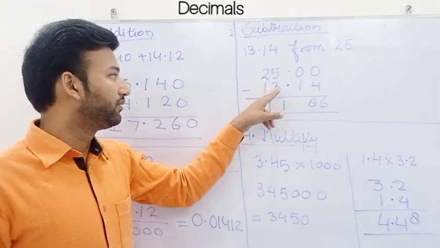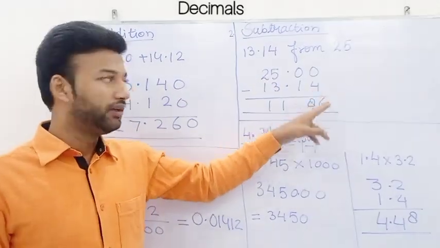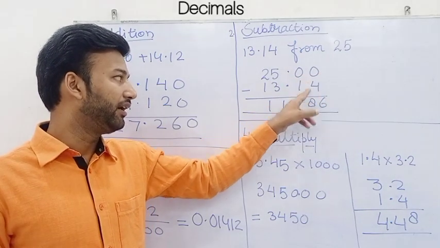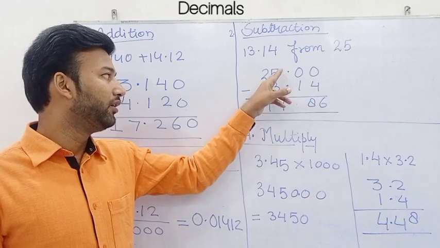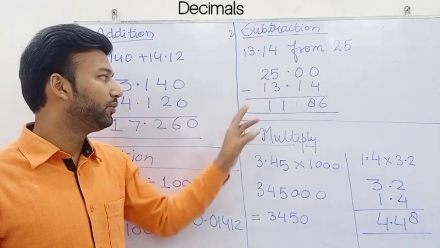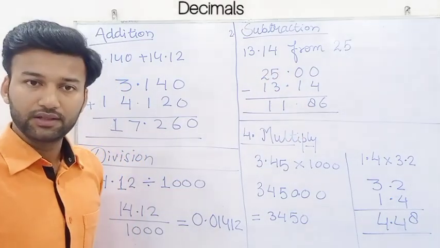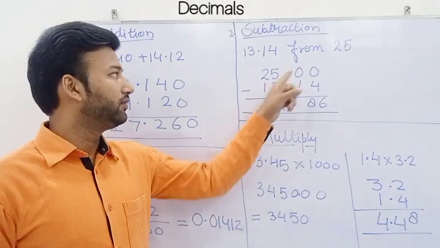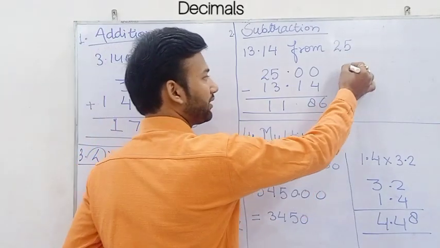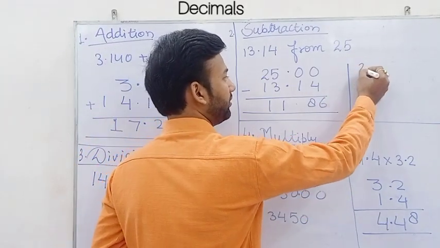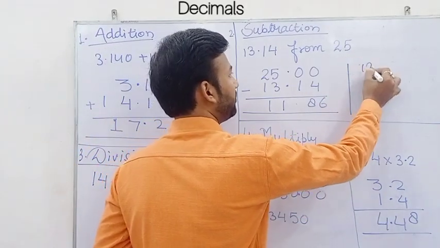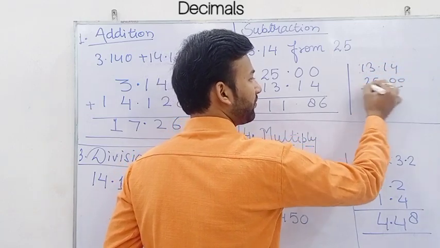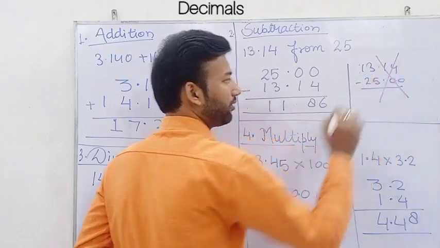Now subtract 13.14: 0 minus 4 gives 6, 9 minus 1 gives 8, decimal, 4 minus 3 is 1, and 2 minus 1 is 1. Remember this sum very carefully because it is 'from'; students may solve this question like 13.14 minus 25.00. This is totally wrong.